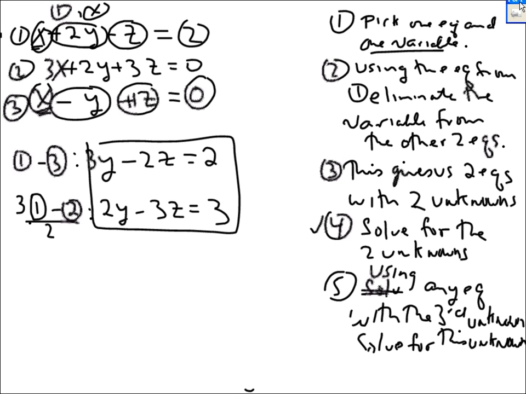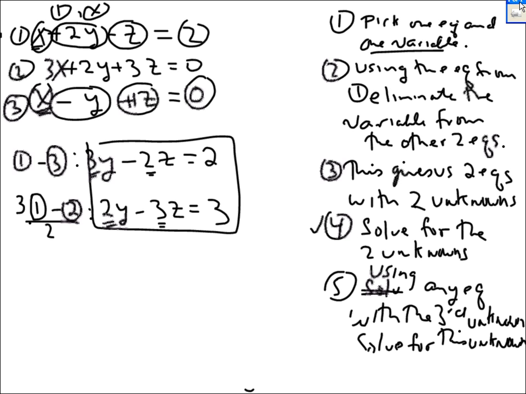Now, in my 2 equations, 2 unknowns, the numbers in front of the y's are different, numbers in front of the z's are different. There is 3 and 2 versus 2 and 3. Doesn't matter which one we do. Let's get rid of y.